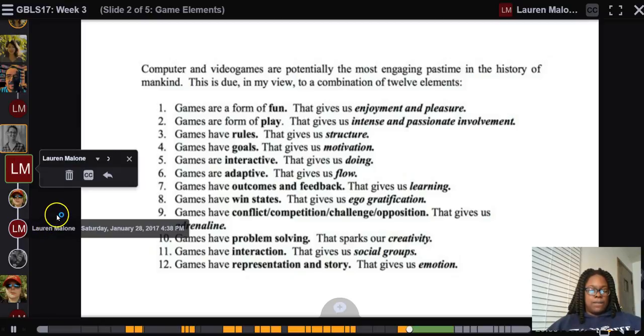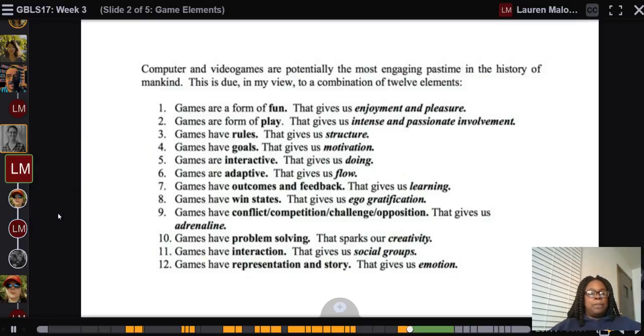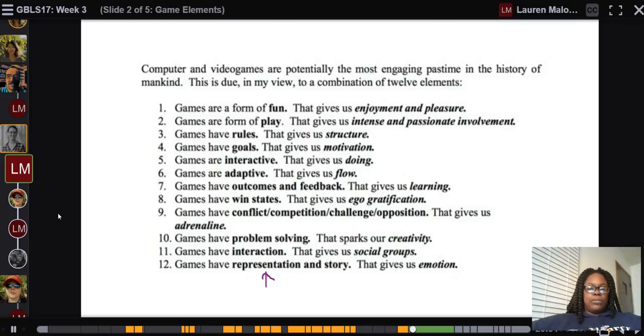Okay, so I want to talk about representation today. Representation and story, and this one stuck out to me. That's a bad arrow, sorry, but this one stuck out to me because before I read the article, I was thinking of representation in a bit of a different way than what they were talking about, and then once I read it, I started thinking about how I could combine the two.